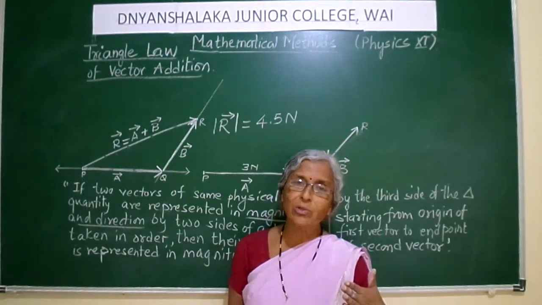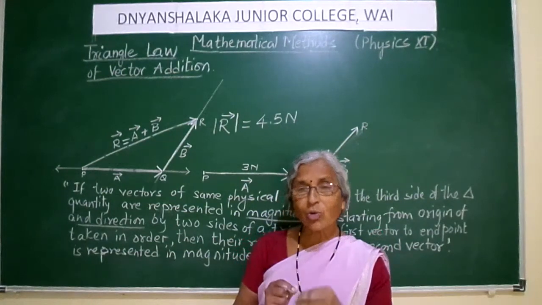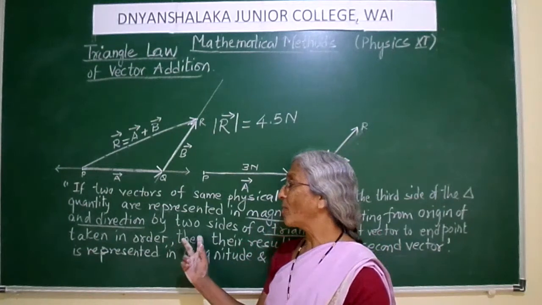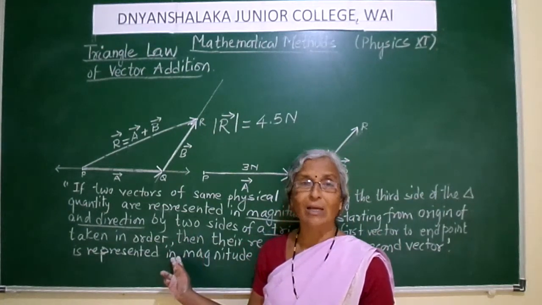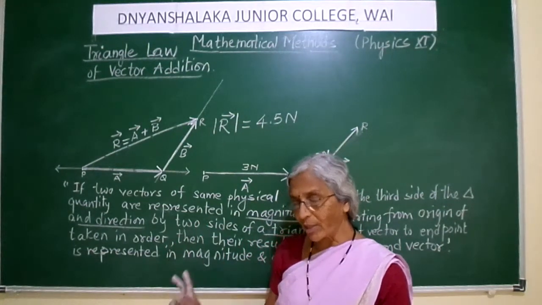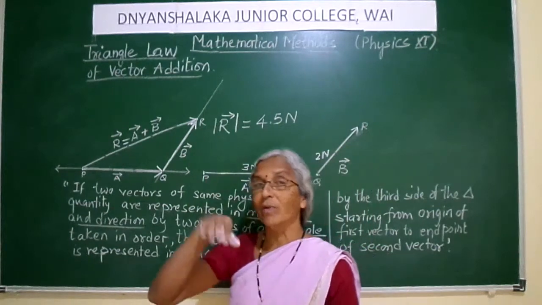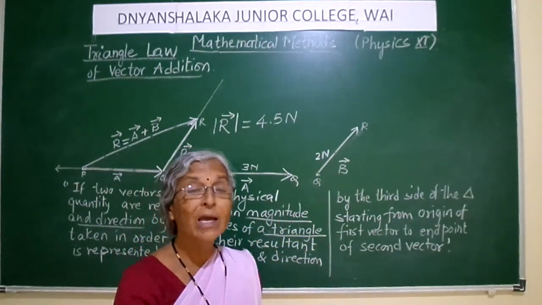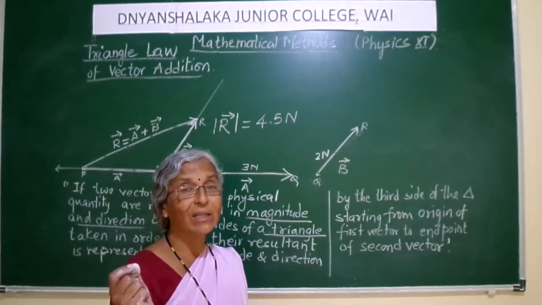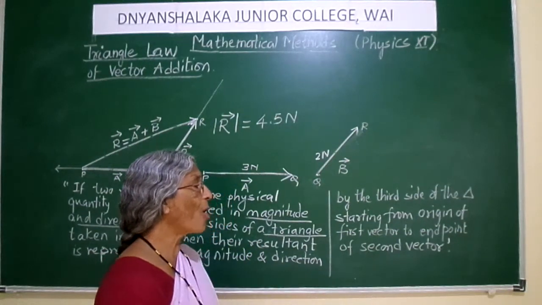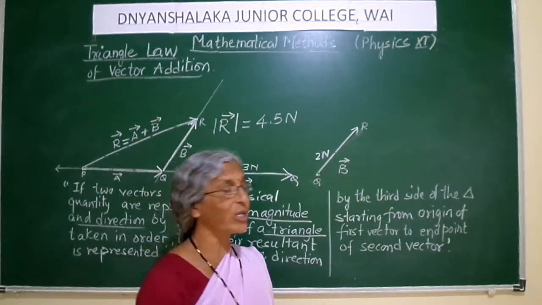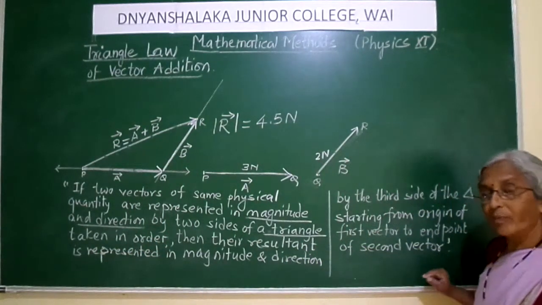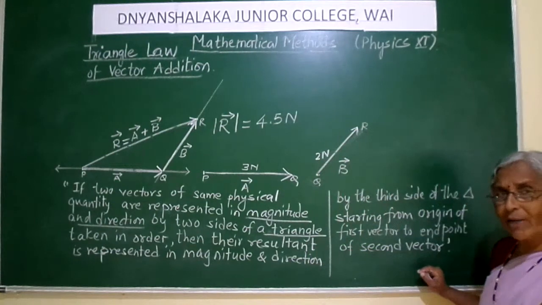We are going to represent these two vectors in magnitude and direction by two sides of a triangle taken in order. Then the resultant of these two vectors will be the third, remaining side. In what order should we take the direction? Starting from the origin of the first vector to the end point of the second vector. Are you getting it, everyone?